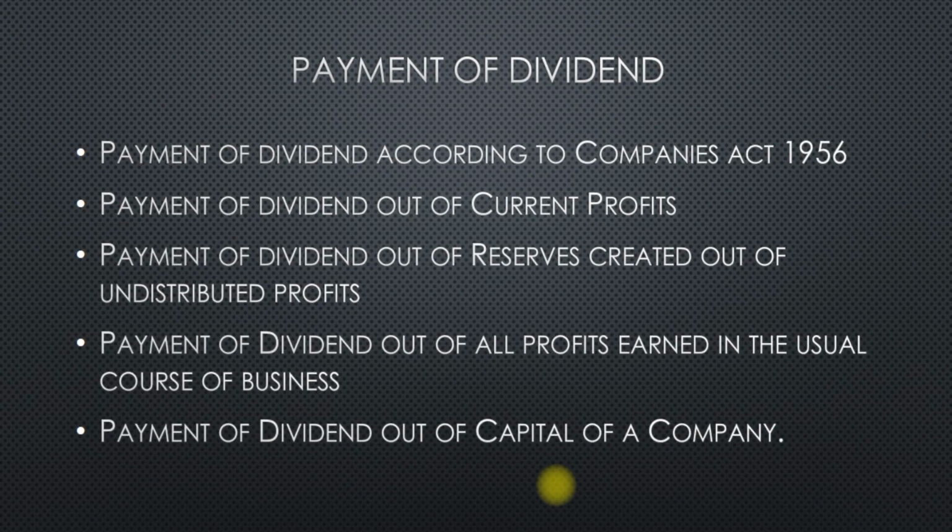Now, what are those circumstances? First is payment of dividend in spite of the fact that the profit and loss account shows a loss. So dividend can be paid despite the fact that the profit and loss account shows a loss. Then, distribution of dividend out of sale proceeds of a fixed asset. In that case also payment of dividends can be done. The last case is that payment of dividend is possible out of inflated profits by charging revenue expenditure to capital.